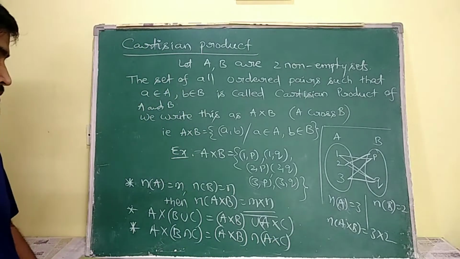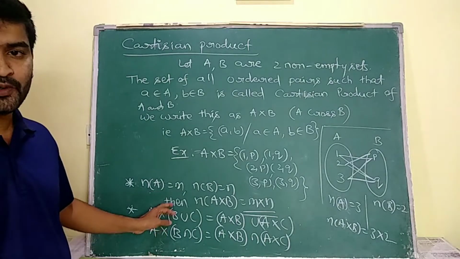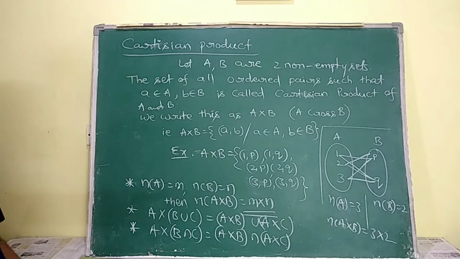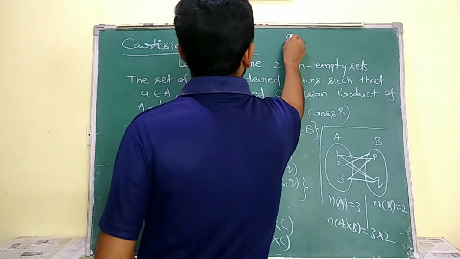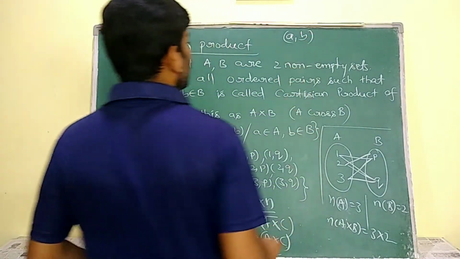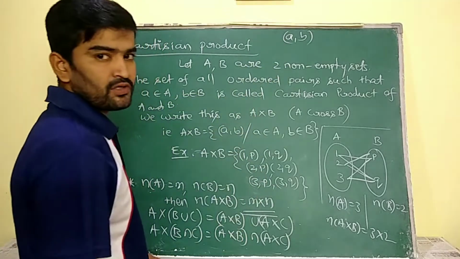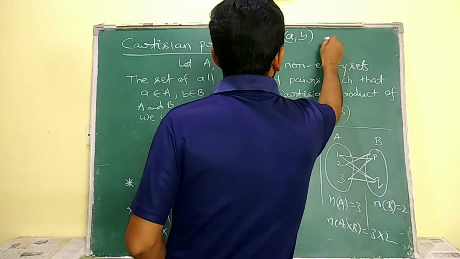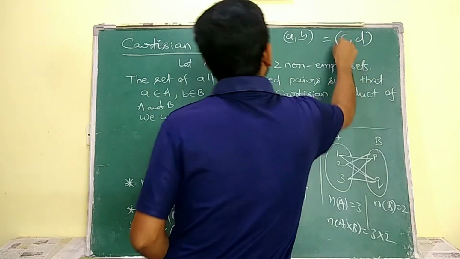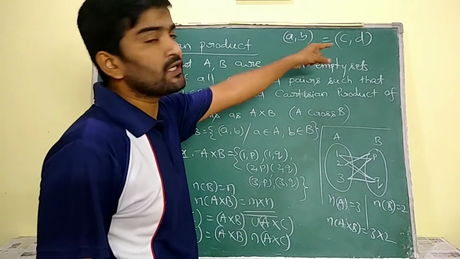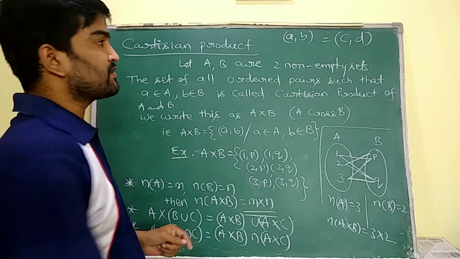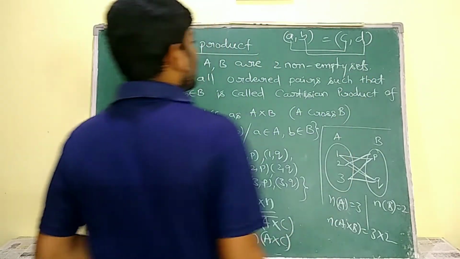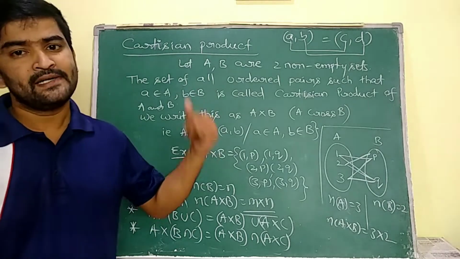So remember this. These are the 3 note points we are going to remember in the concept of Cartesian product. One more thing: in the ordered pair (a, b), a is known as the first coordinate and b is known as the second coordinate. If two ordered pairs are equal, then the corresponding first coordinate is equal to the first coordinate and the second coordinate is equal to the second coordinate.